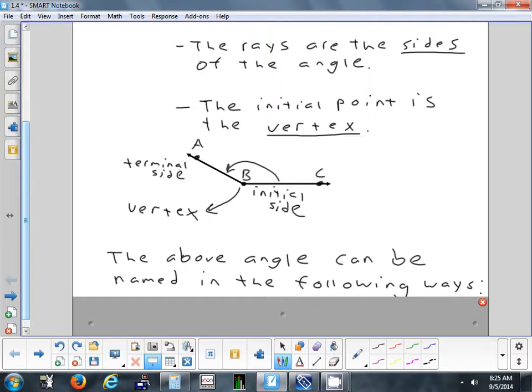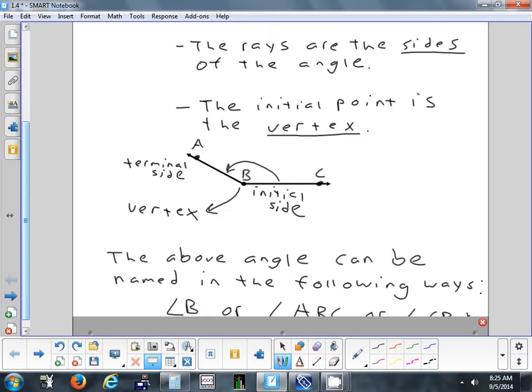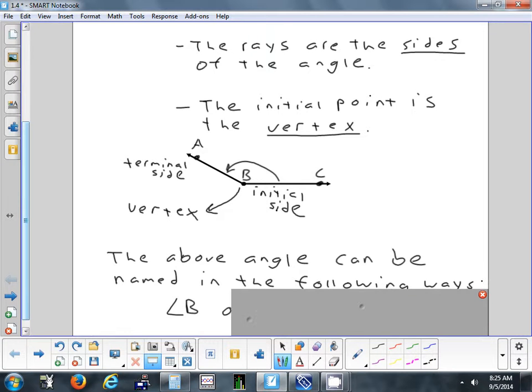Okay, and there's a few different ways you can name that angle, because this angle is all by itself. One way to name it is angle B, just using the letter that's at the vertex. Angle B. And the symbol that I put in front of B, that's the symbol for angle.